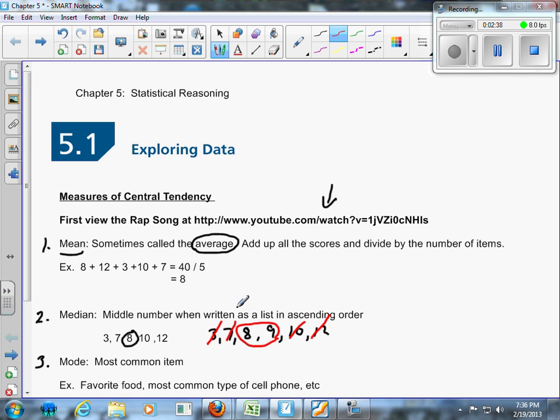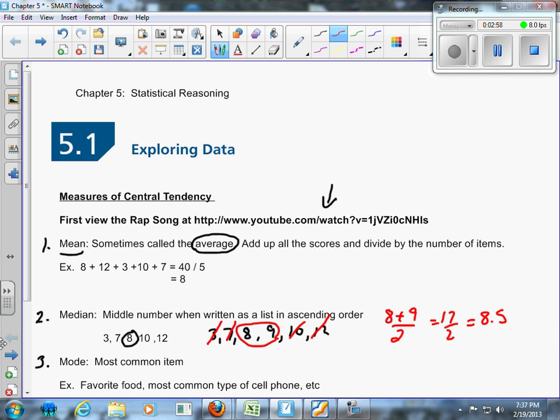So what you have to do is find the mean of those 2 numbers. So 8 plus 9, divided by 2 because there are 2 numbers there, which would be 17 divided by 2, or 8.5.